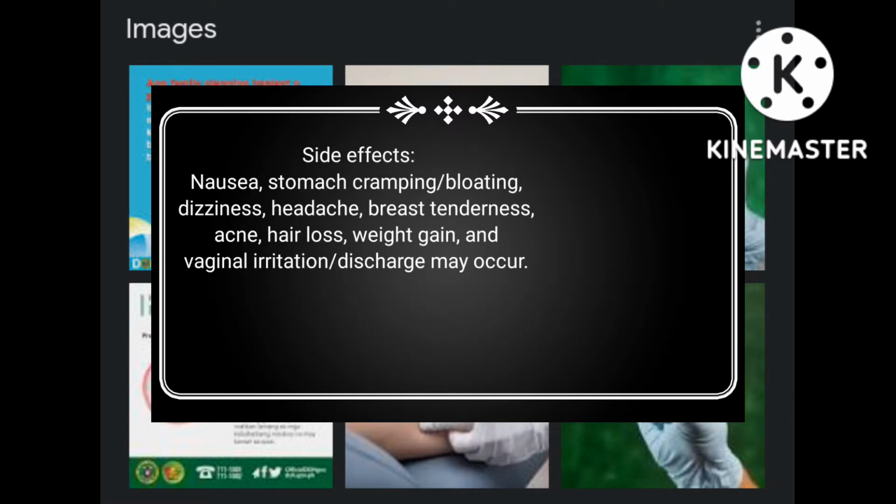Side effects are nausea, stomach cramping or bloating, dizziness, headache, breast tenderness, acne, hair loss, weight gain, and vaginal irritation. Discharge may occur.